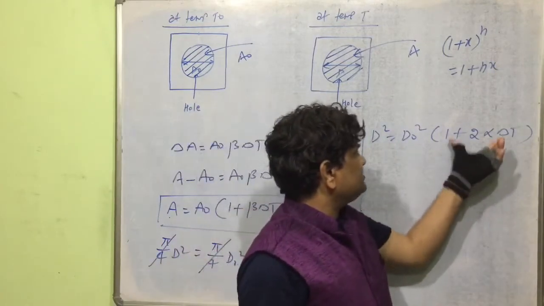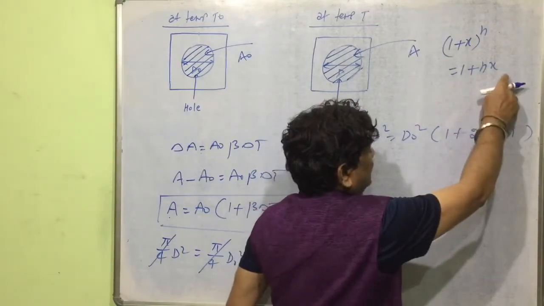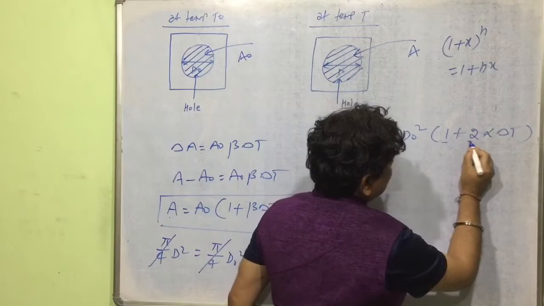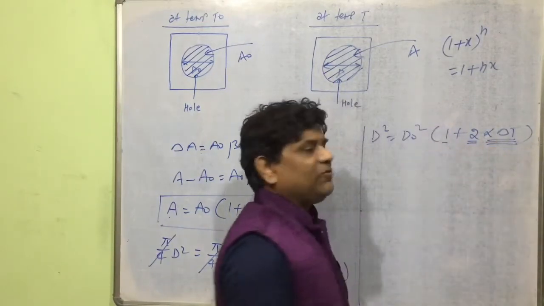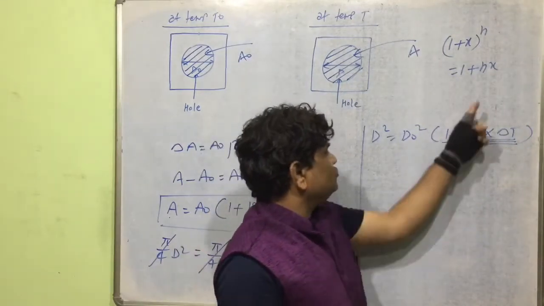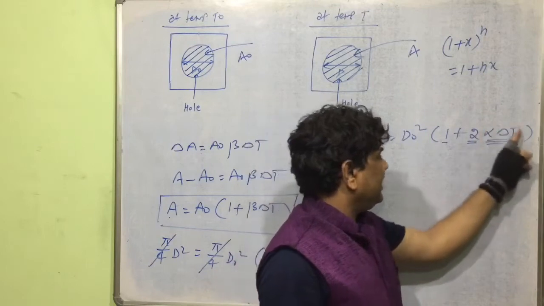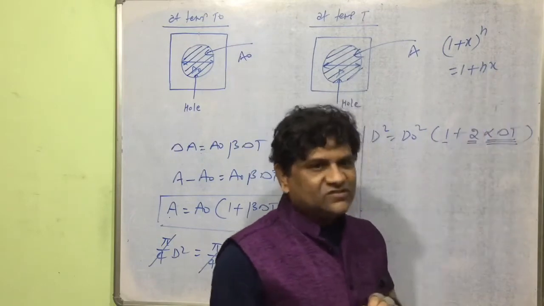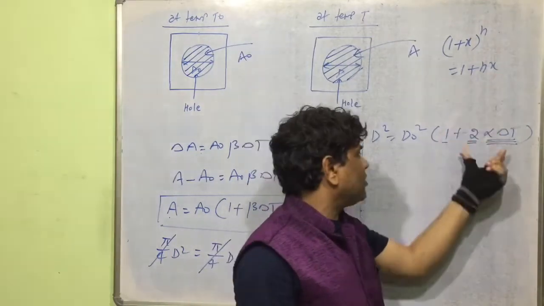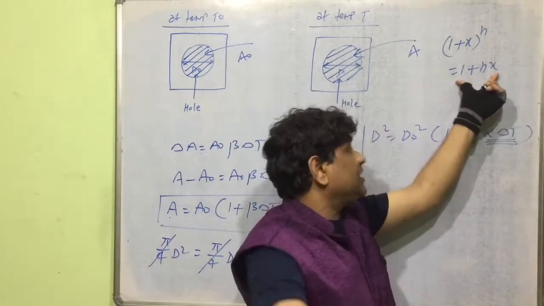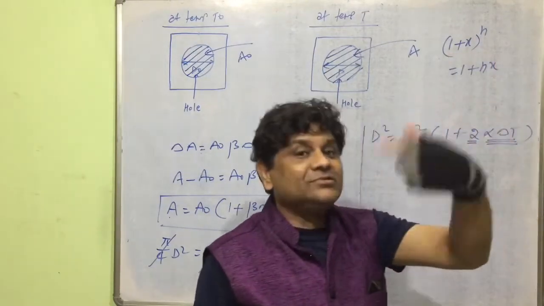Now this relation is in this form, 1 plus nx. Here we have 1 plus 2 into alpha delta t, so this 2 is nothing but n, and alpha delta t is nothing but x. So this relation in the form of 1 plus nx, we can convert into the form of 1 plus x to the power n.